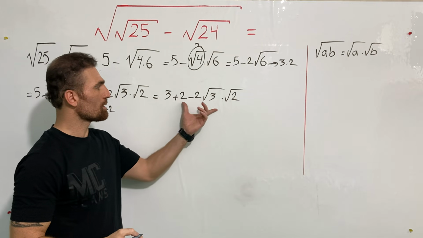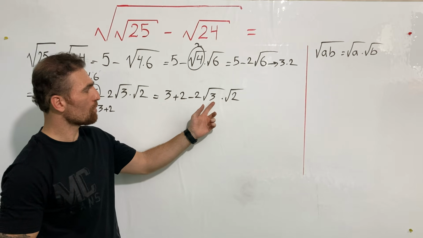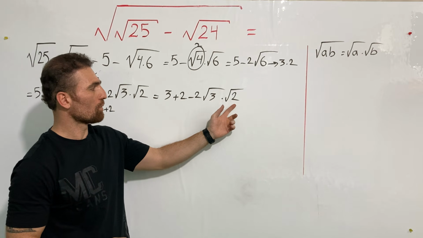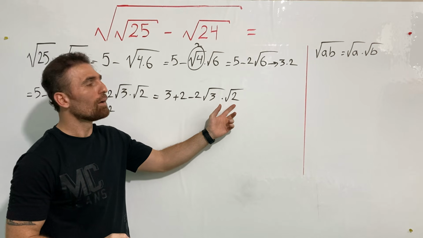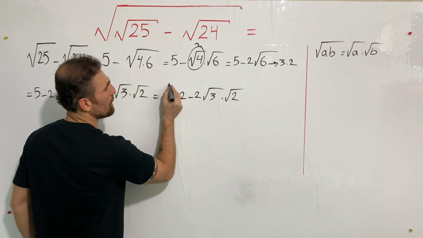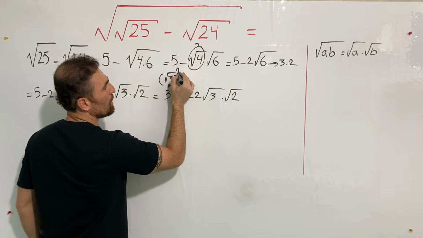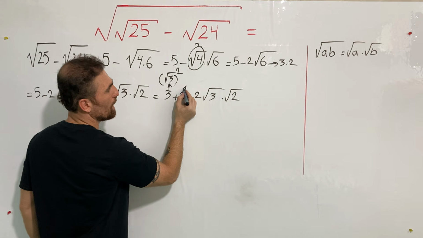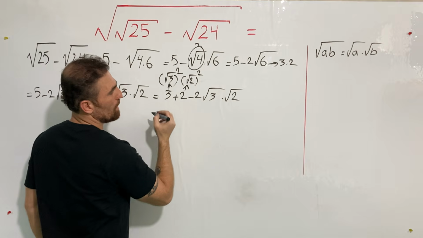Now, look at this expression carefully. We have 3, we have 2, we have square root of 3 and square root of 2. Can you help me to continue the solution? 3 can be written as the square root of 3 squared, and 2 can be written as the square root of 2 squared.